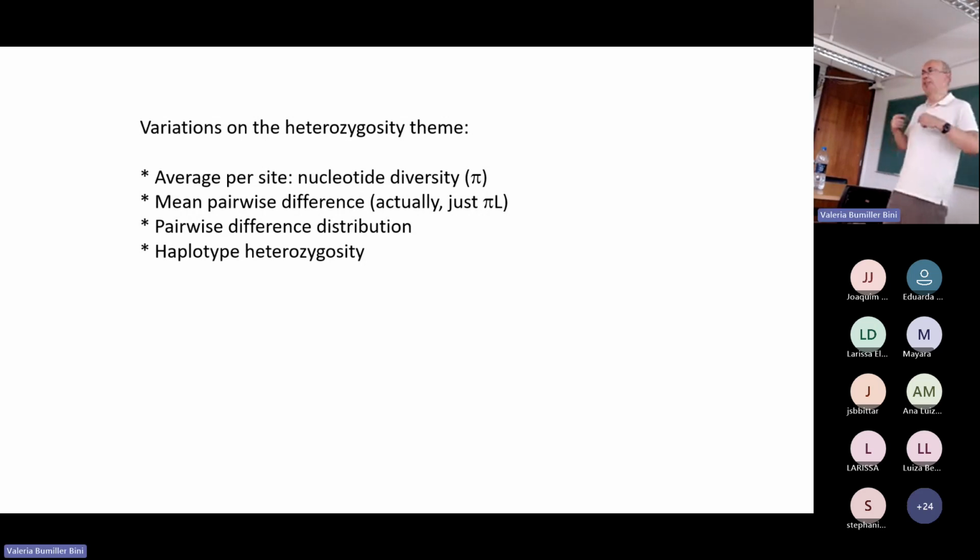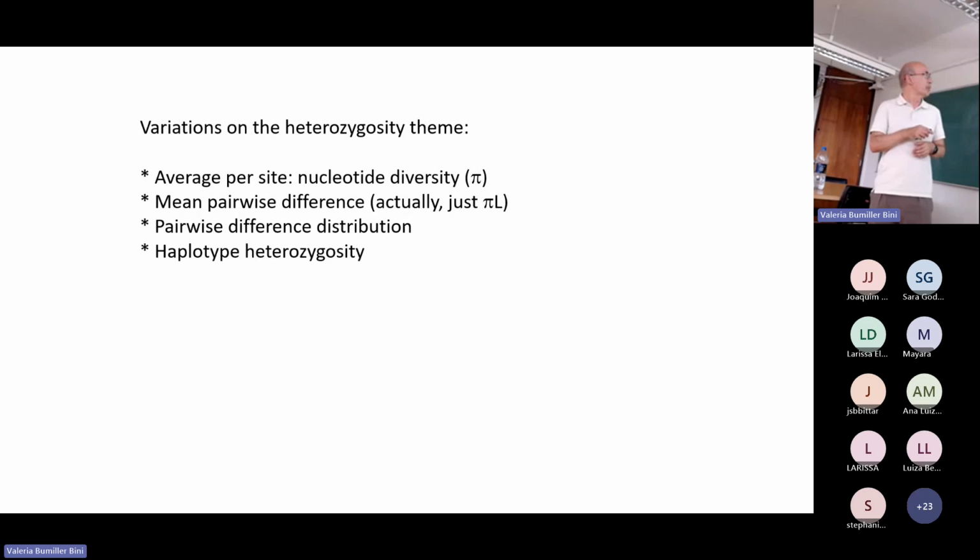We can go one step further and look not at the average pairwise difference, but at the pairwise difference distribution. That was really one of the few things we had for demographic inference with mitochondrial DNA sequences in the 1990s.